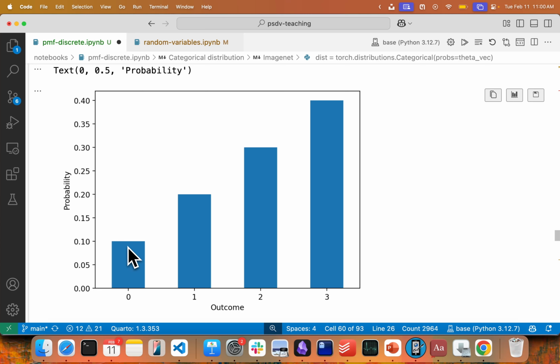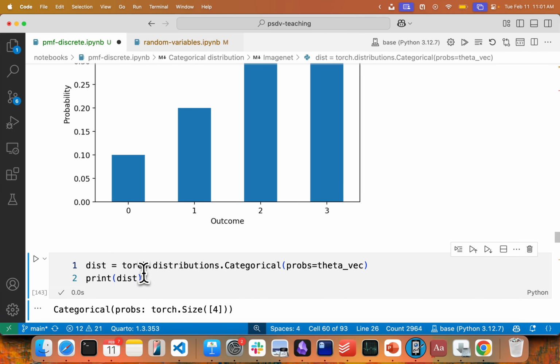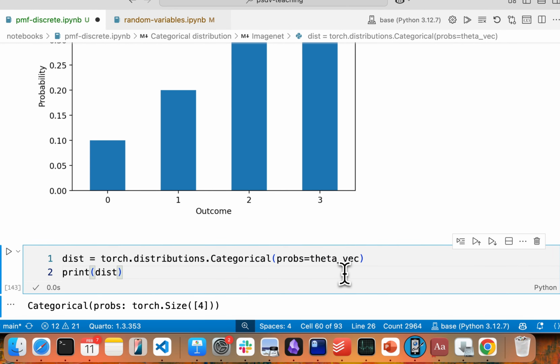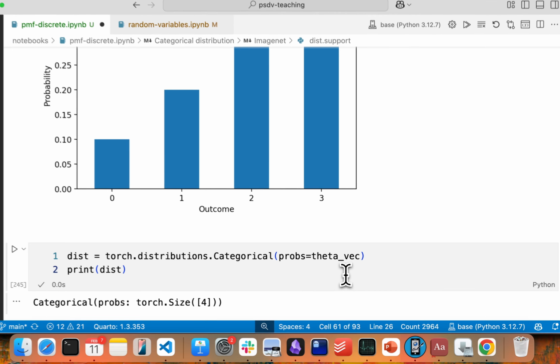I'm giving the probability of it taking the 0th state as 0.1, the 1st state as 0.2, the 2nd state as 0.3, and the 3rd state as 0.4. I can now define my torch distributions categorical, specifying that the probabilities are as per the theta vector, and I can print out this distribution.